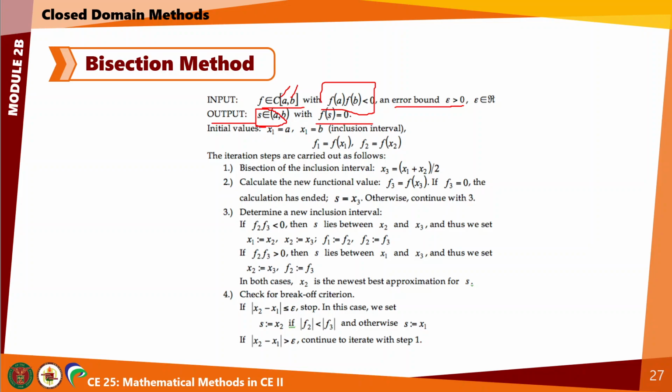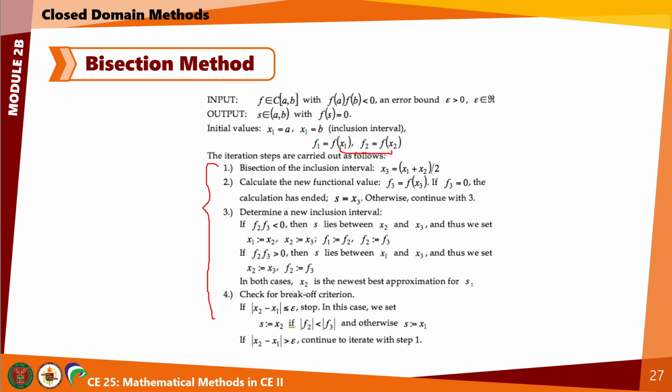Okay, initialization, we have x sub 1 equals A and x sub 2 equals B. Okay, so yan yung initial interval. And then, dapat isolve ng program natin yung function value at x sub 1 and function value at x sub 2. Okay, ito na yung bisection method part. So, yung first one is to bisect yung initial interval.